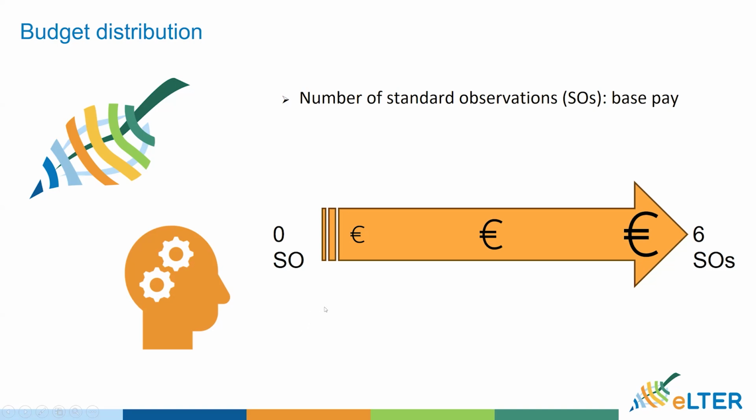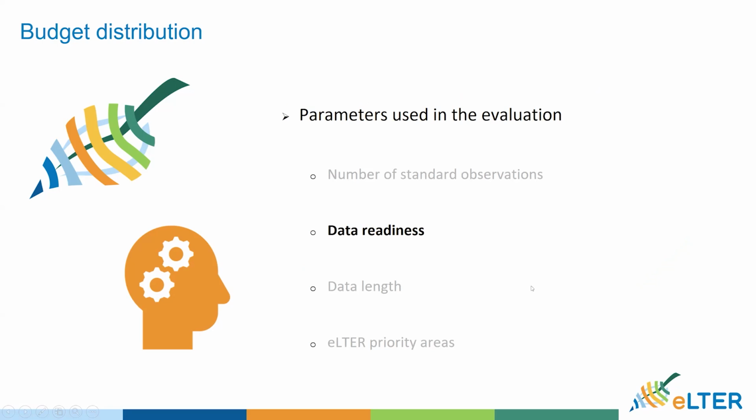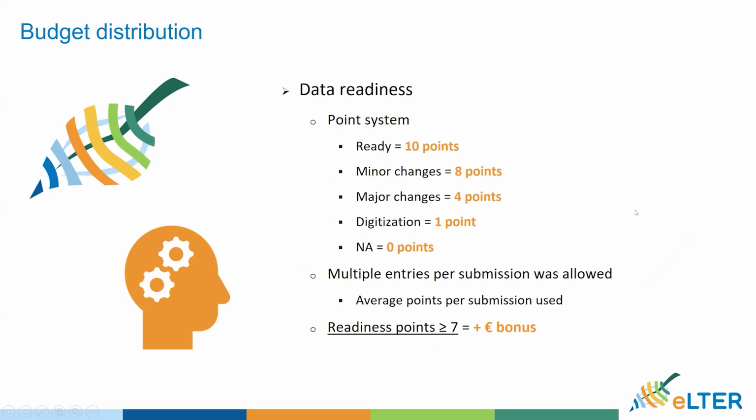So next we go to the data readiness. For that, we also came up with some metric where we attribute points based on the values that were possible to offer in this form that you all fill out. Essentially, the more ready the data is, the more points it gets, and the less ready, the fewer points.